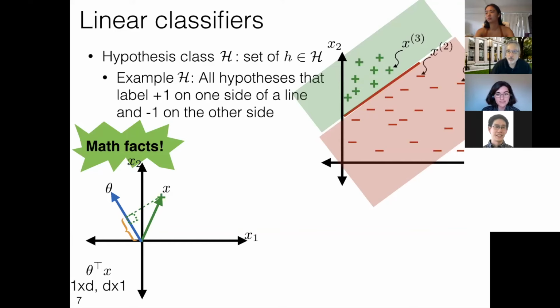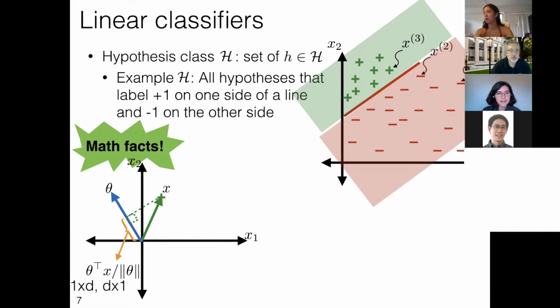It turns out that is exactly this dot product divided by the size of theta, the length of theta. So that's what that notation means. It just means the length of theta. And so that's what we have here. So that's the meaning of this. It's just the projection of x onto theta.